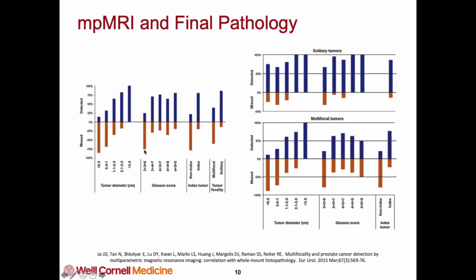Most Gleason 6 was missed. And with index lesions, which is the dominant lesion, usually Gleason 7 or greater and bigger than a centimeter, about 80% of those tumors were also identified on final pathology.